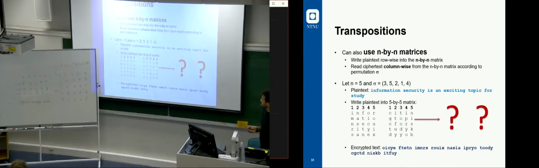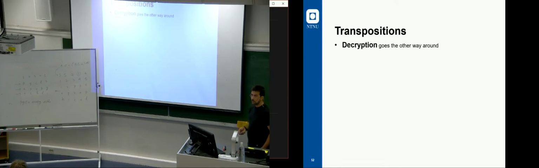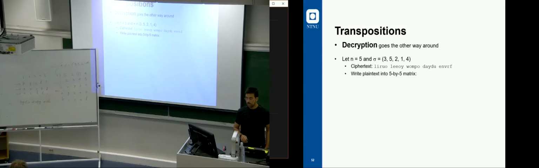And the decryption process goes the other way around. We have again the block size n. Then we have our permutation pattern, which was 35214 again. And for this, we have the ciphertext here.